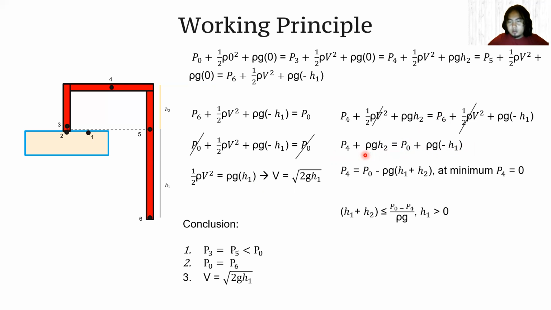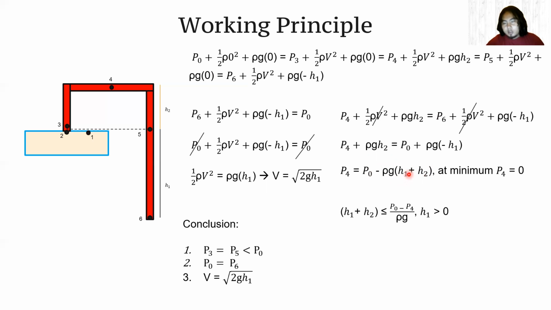And then by moving this term to the right half side, P4 will be like this: P4 equal to P naught minus rho g times (h1 plus h2).